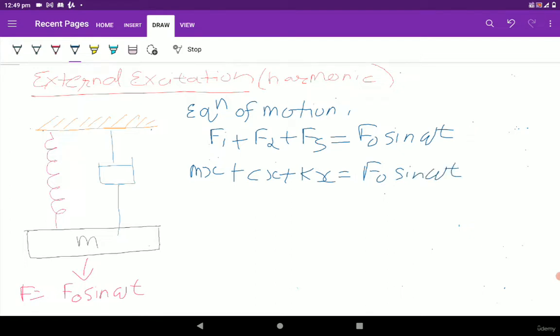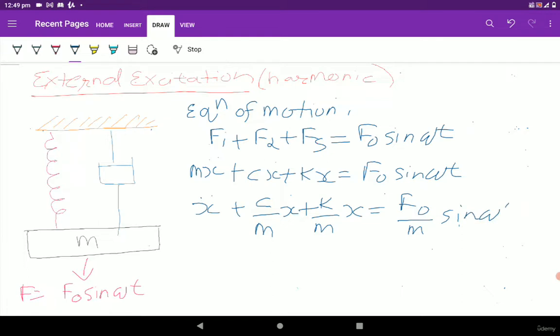So let's take out mass m common. Then the left expression is x double dot plus c by m x dot plus k by m x, which is equal to F naught by m sine omega t.